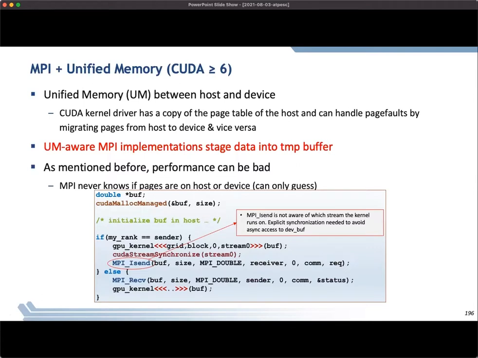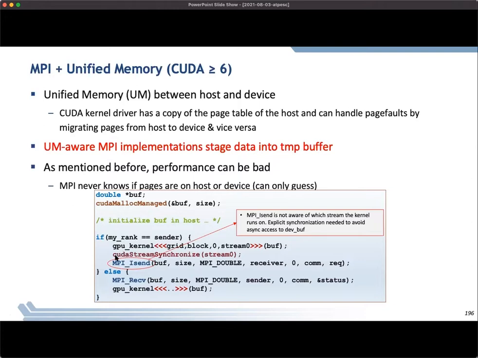Just one thing to notice here is that between the GPU kernel launch in this line and the MPI Isend operation, you need to do a CUDA stream synchronize on the stream that the kernel is launched on. The reason is that the GPU kernel launch is asynchronous to the CPU.